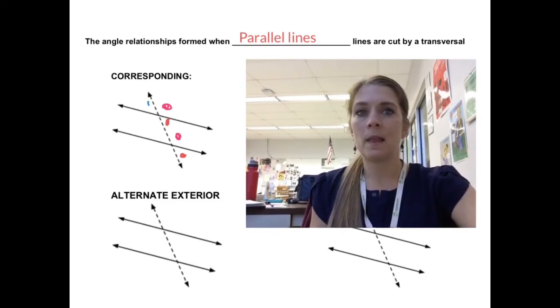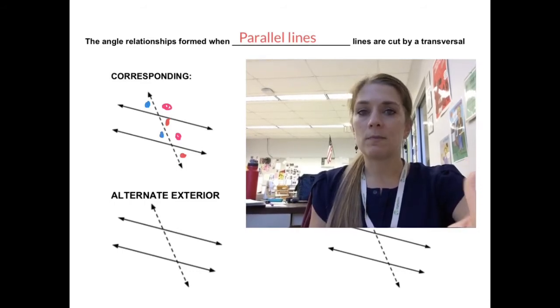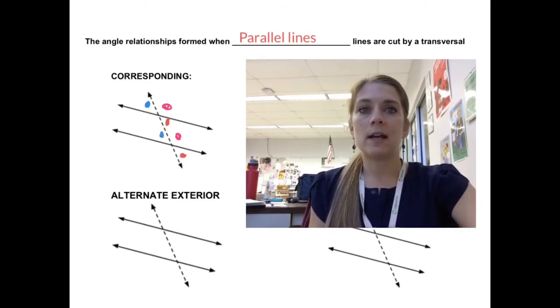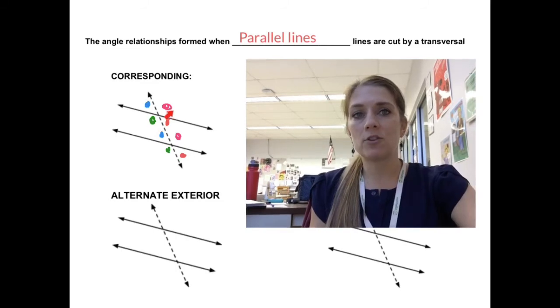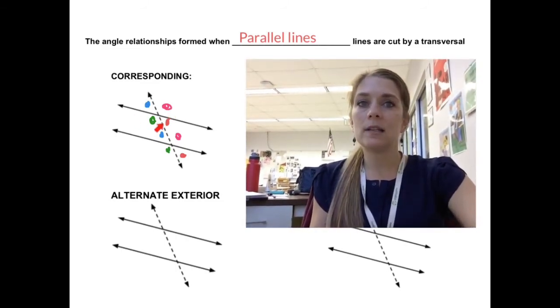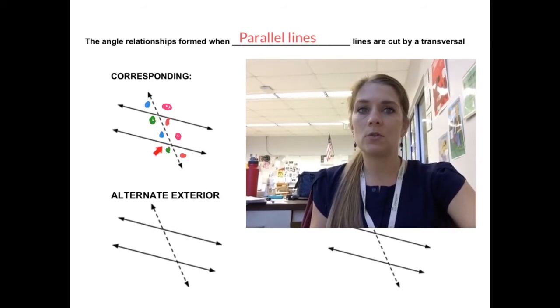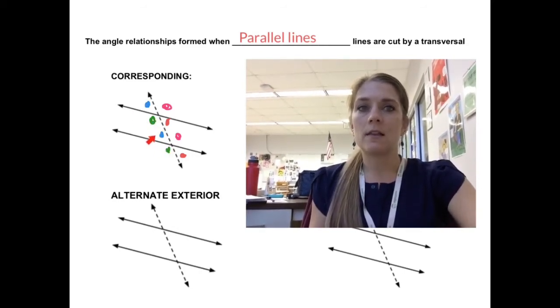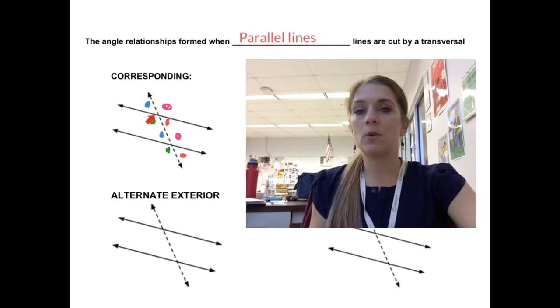Another color here, top left and top left are corresponding angles, and then finally we would have bottom left and bottom left. And I know you can't always trust the images for sure, but with these at least, you can tell that this green one is obtuse, this green one is obtuse, this blue one is acute, same thing with this blue one being acute.